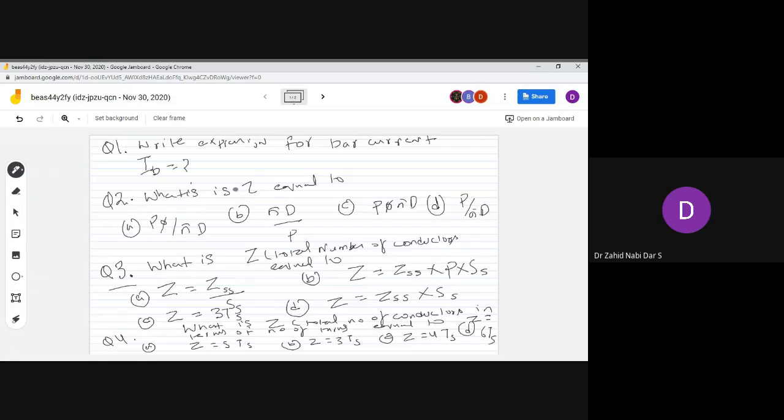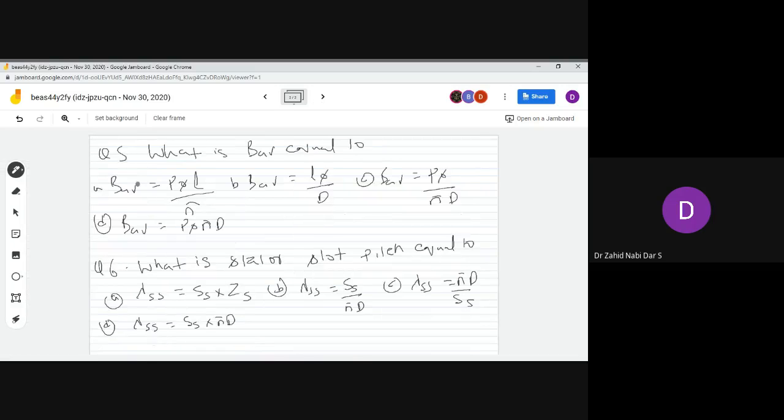Okay. What is tau equal to? That is, tau is your pole pitch to your pole length. So what is it equal to? Okay, that one. What is Z? That is the total number of conductors equal to. And similarly, what is Z in terms of the number of turns equal to? This is the fourth question.